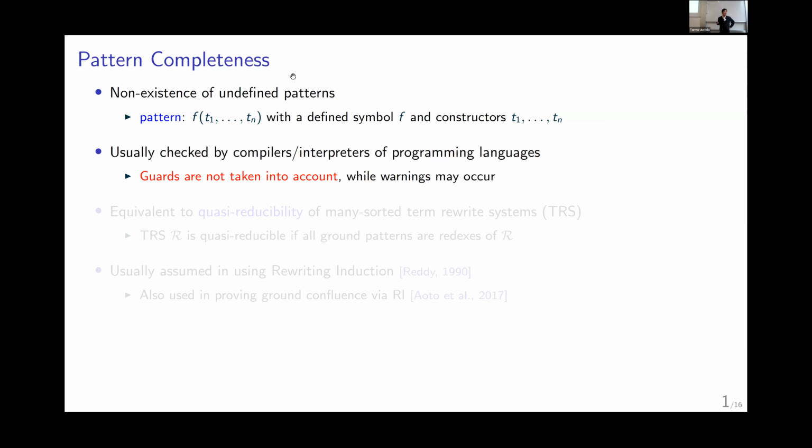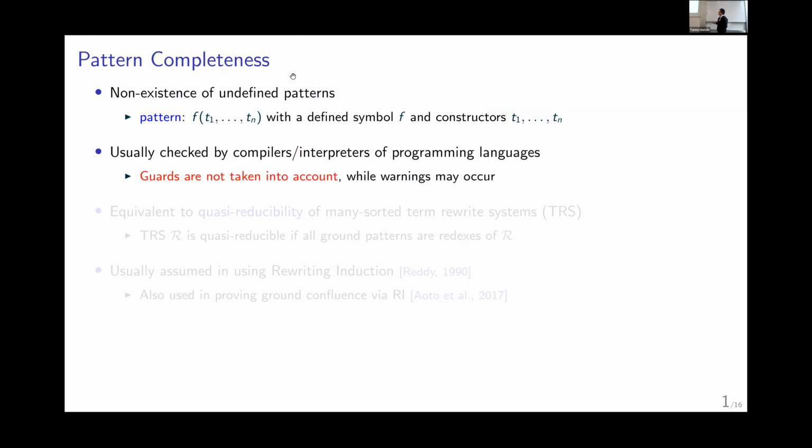This property is usually checked by compilers and interpreters of programming languages. But guards are not taken into account, so they are ignored, and a runtime error may occur. If we consider guards when we check pattern completeness, then we need a satisfiability checker for the theories used in that programming language.